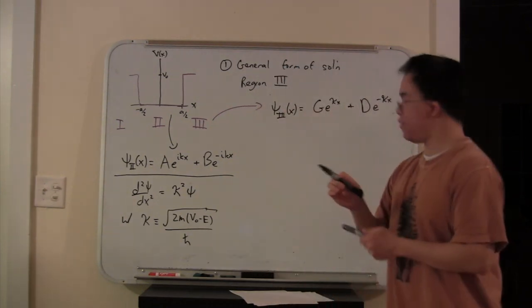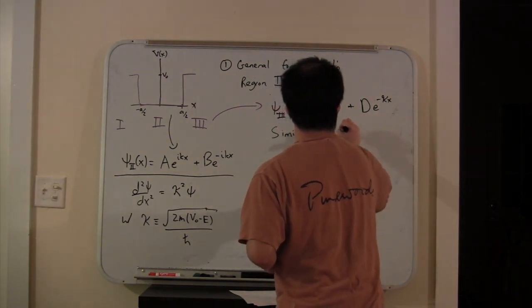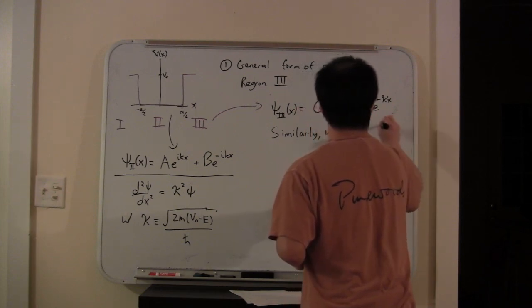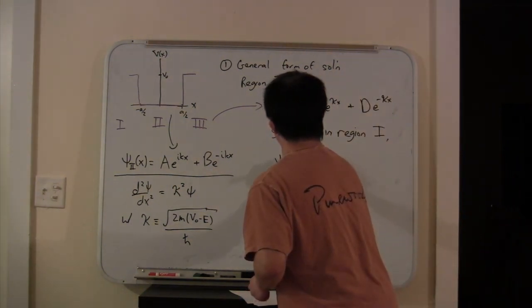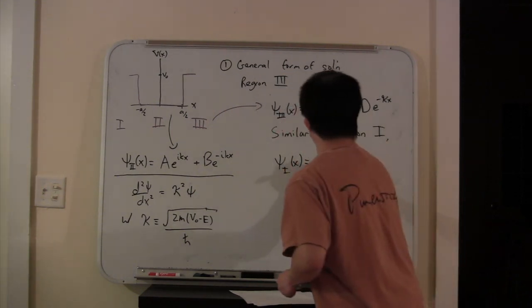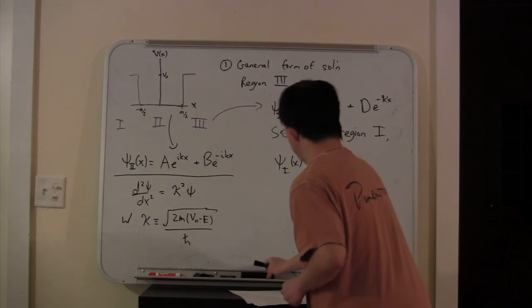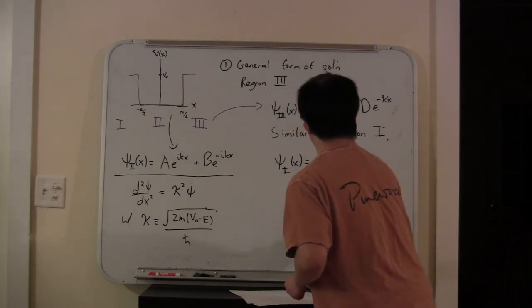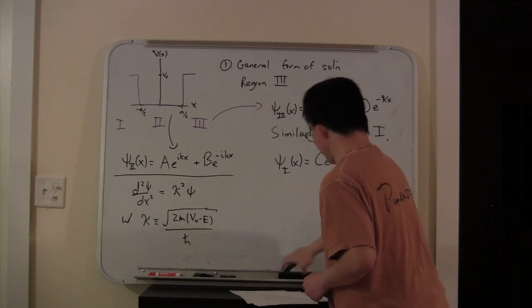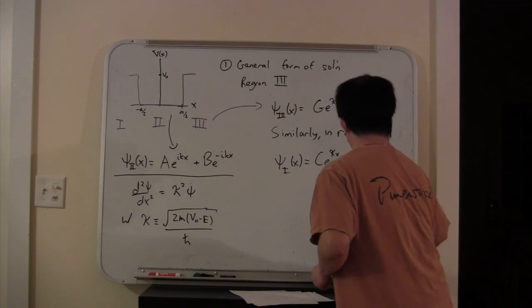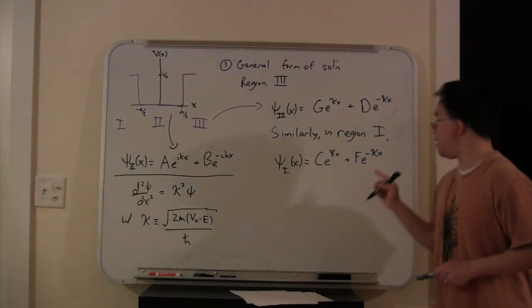And I'll write the wave function for region 1: psi 1 of x equals C e to the kappa x plus F e to the minus kappa x.